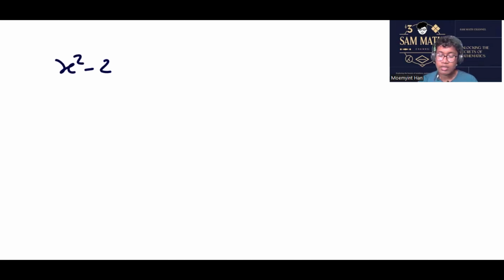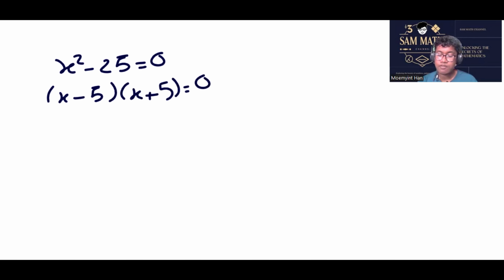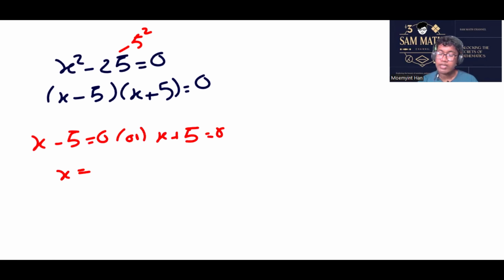It's going to look like (x minus 5)(x plus 5) equals 0, because 25 is 5 squared. Then we make it x minus 5 equals 0 or x plus 5 equals 0. So the answer would be x equal to 5 or x equal to minus 5. So the difference of squares is a method we can use to factorize.